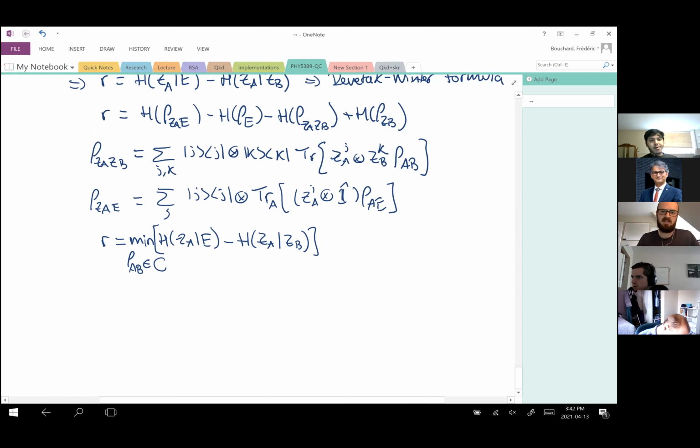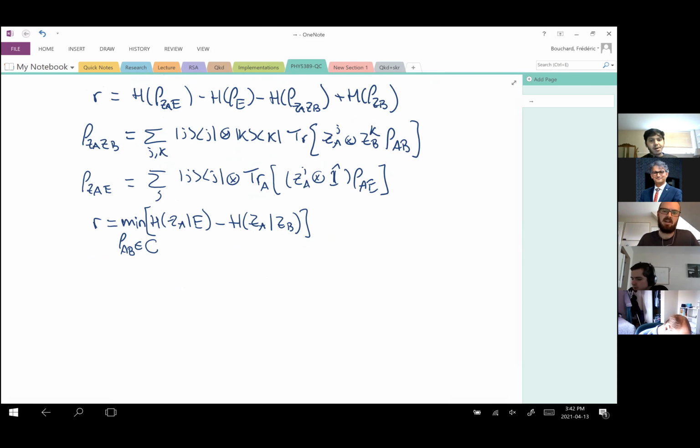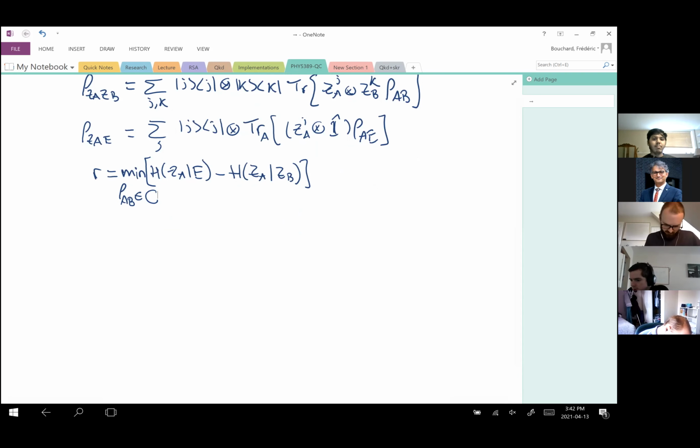This is how you calculate secret key rates when you have experimental constraints, or if you're doing this for a different protocol, your ZA and ZB will change. So let's make one example, and after that example, we can go to the break.